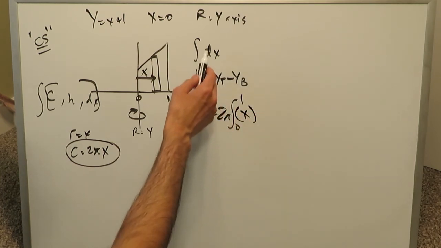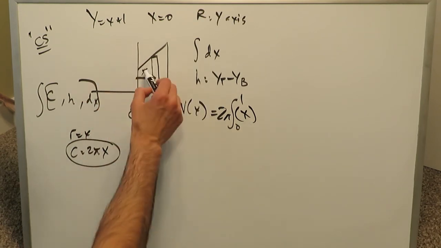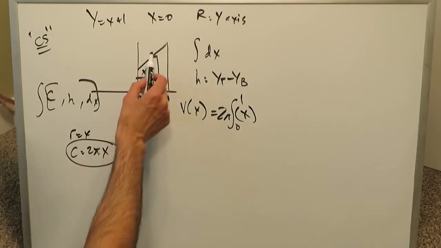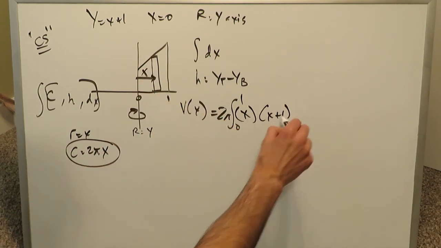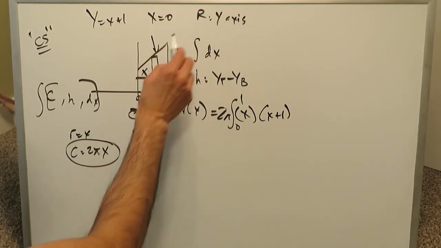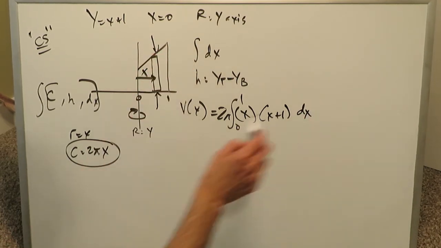Now let's determine the height component, yt minus yb, x plus 1 and y equals 0. So it's just x plus 1. That's the height of the rectangle. This curve right here minus this curve right here, yt minus yb, x plus 1 with respect to dx.